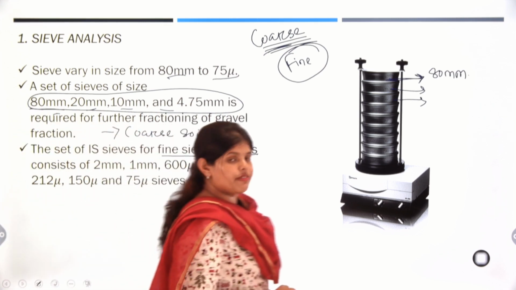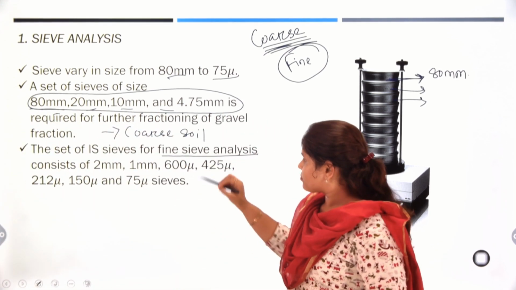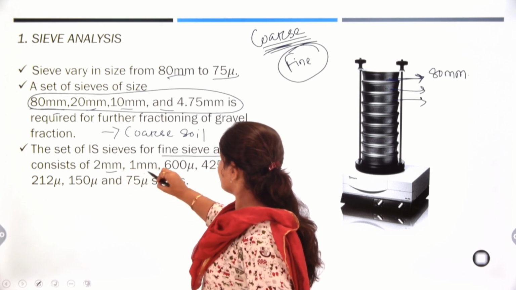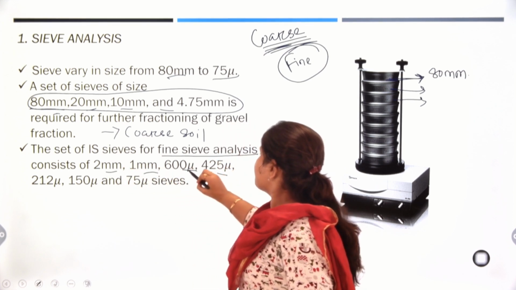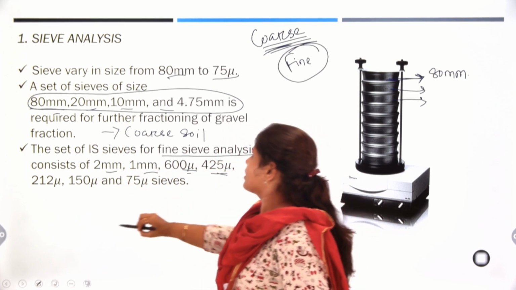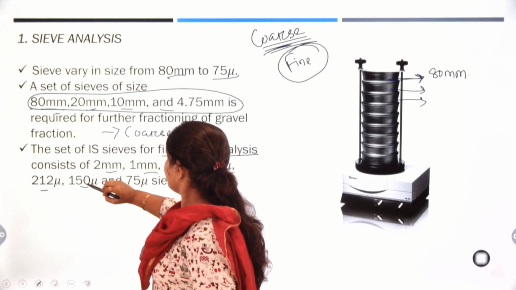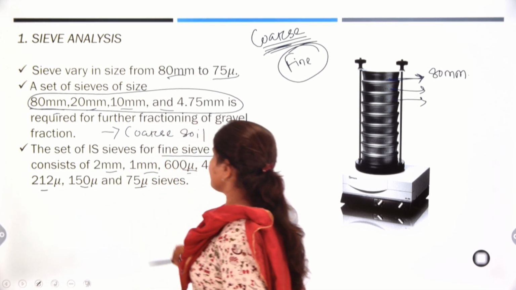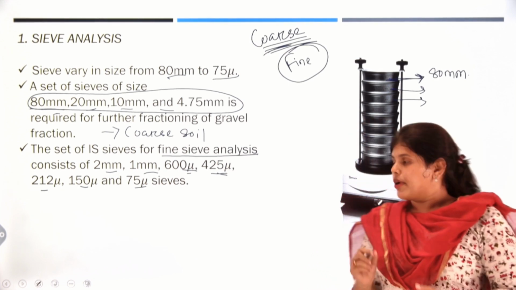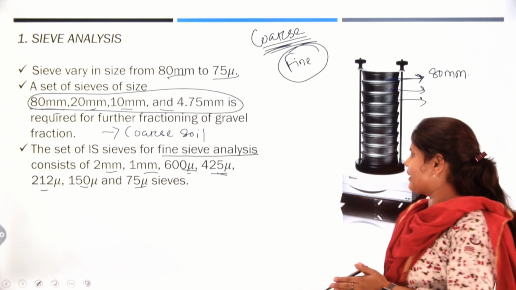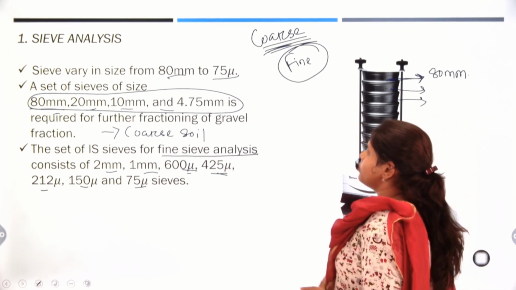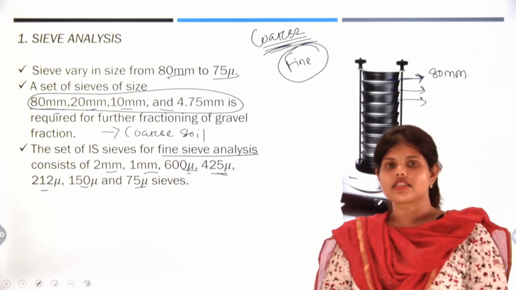And for fine sieve analysis, here you can see 2 mm, 1 mm, 600 micron, 425 micron, 212 micron, 150 micron and 75 micron for separating fine aggregates.